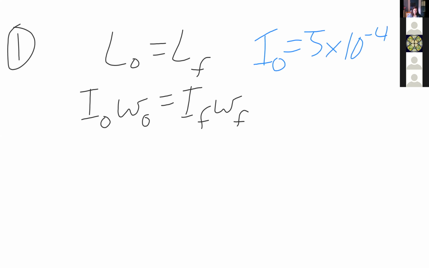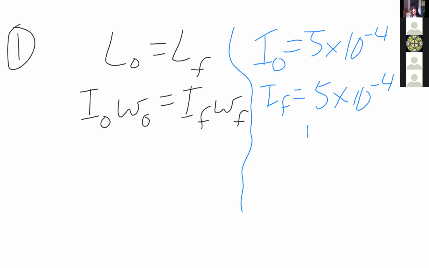The only input I need to change is to relate my final rotational inertia to my initial rotational inertia. My final rotational inertia will be the rotational inertia of the record, still 5 times 10 to the negative 4th, plus the rotational inertia of the putty mass. The putty drops onto the edge of the record, and we treat it like a point mass. So it's m r squared, and we just add it into the inertia of the record, and that'll be your final inertia.